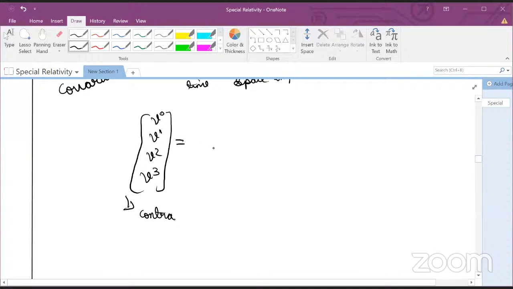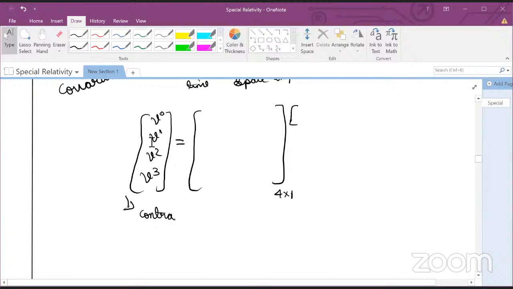That is equal to something called a tensor, some 4 by 4 matrix, multiplied with the other vector. We need this to follow the rules of matrix multiplication. This is 4 into 1 and this is 1 into 4.